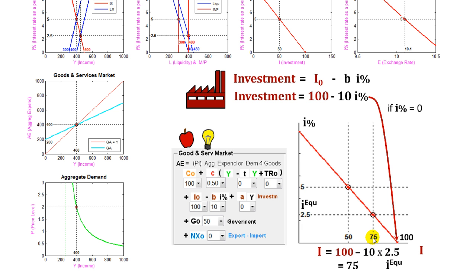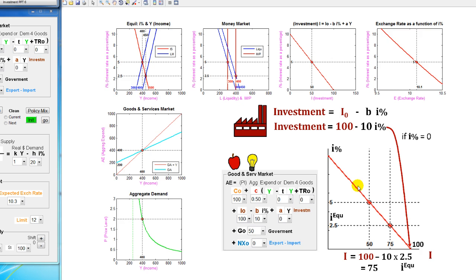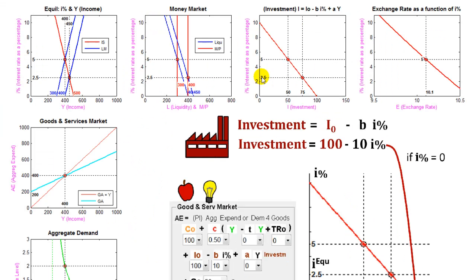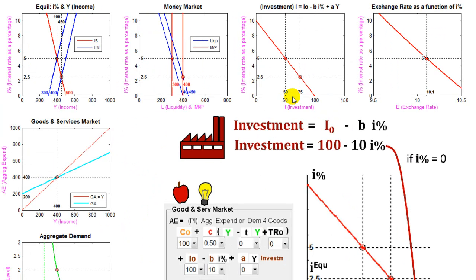So the investment should go from 50 to 75, which is intuitive because the lower the interest rate is, the higher the investment is. And now we go to the exchange rate graph.